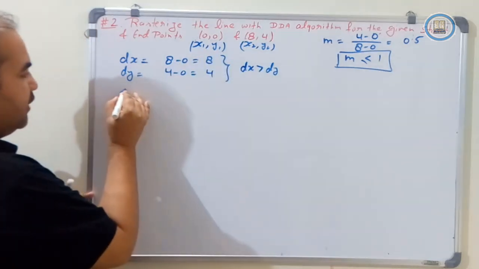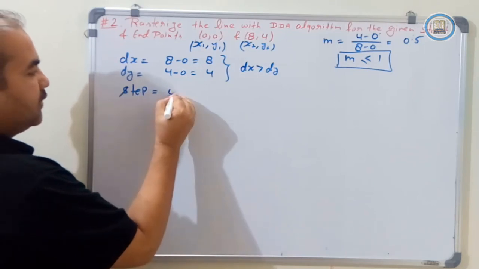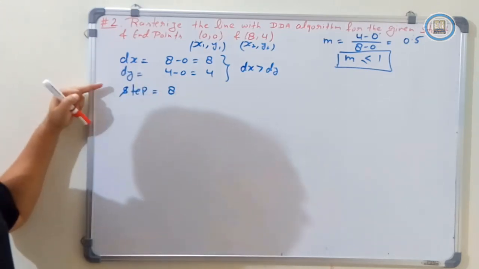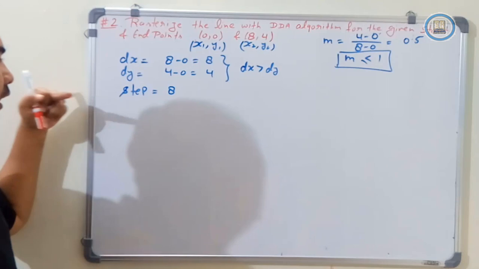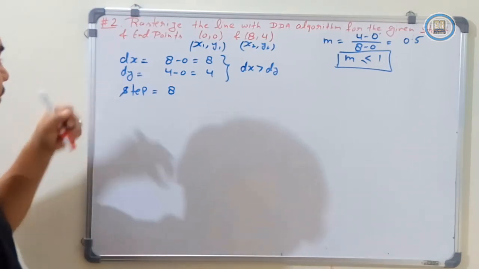So the number of steps you can calculate as per the algorithm. It is 8. That is, the for loop will iterate up to 8 points, from 0 to 7. So the number of steps is actually 8.